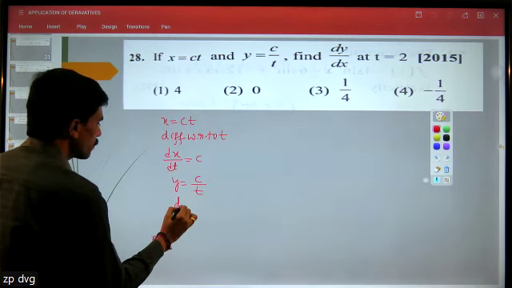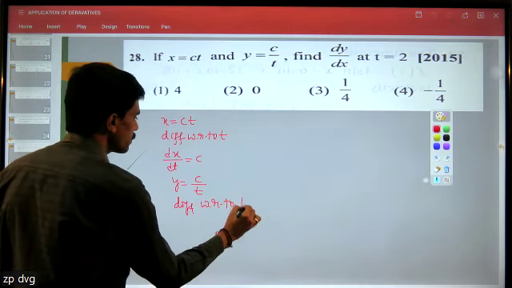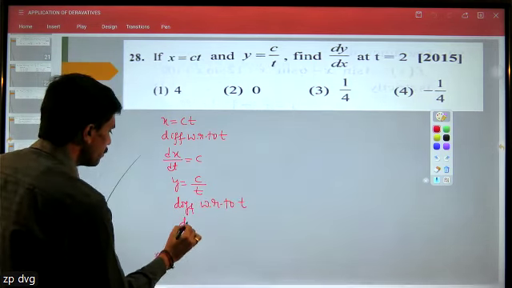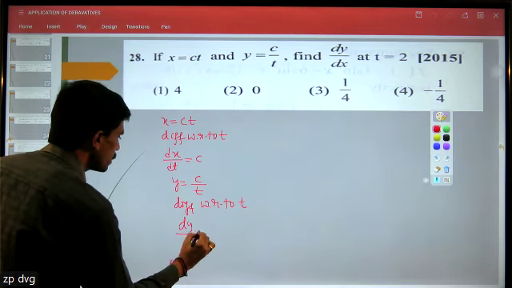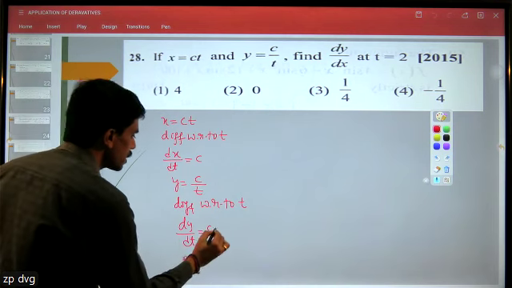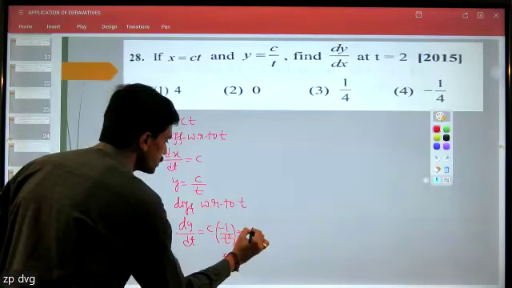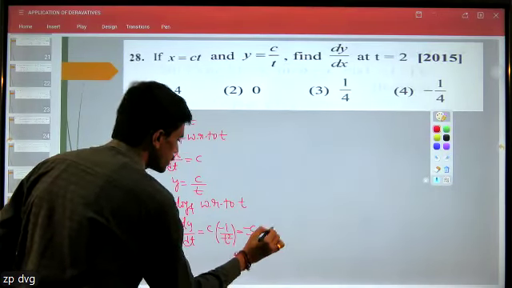Here also we differentiate with respect to t. dy by dt equal to, c constant, keep it as it is. The derivative of 1 by t is minus 1 by t square, which is equal to minus c by t square.